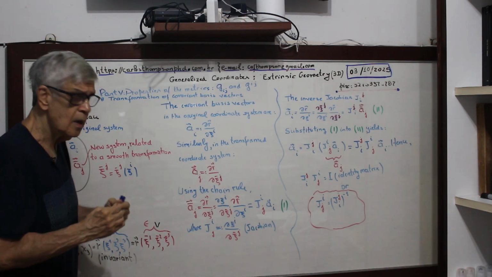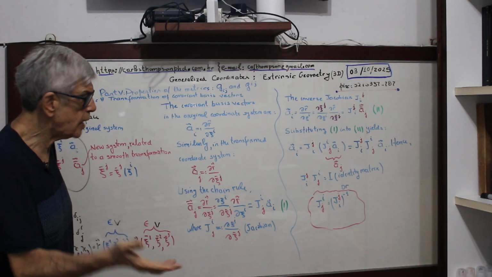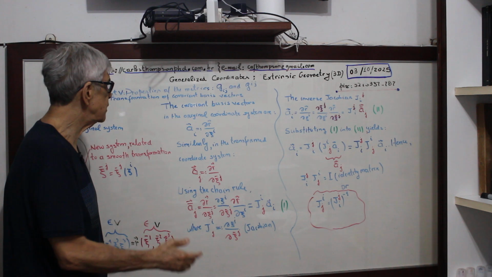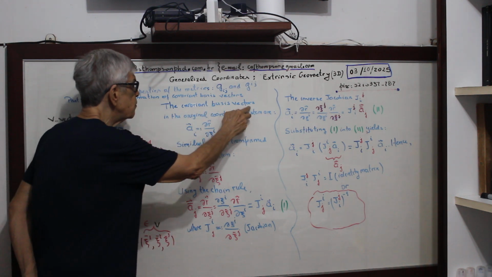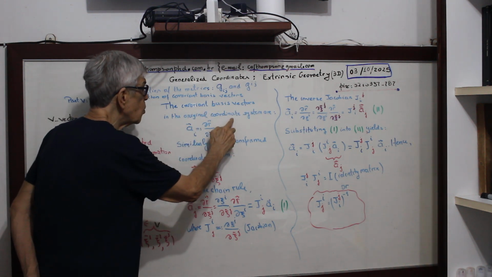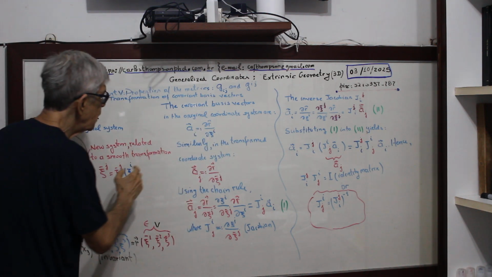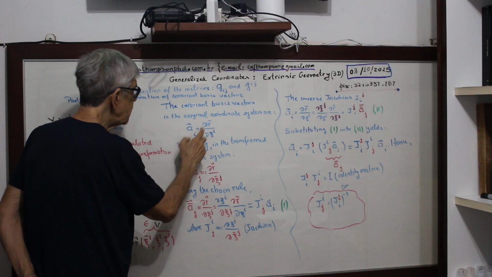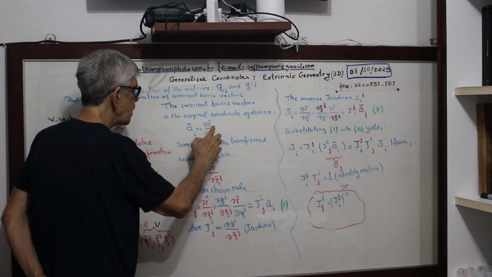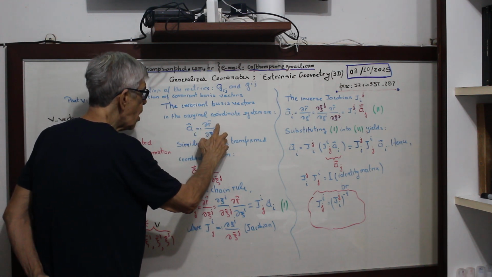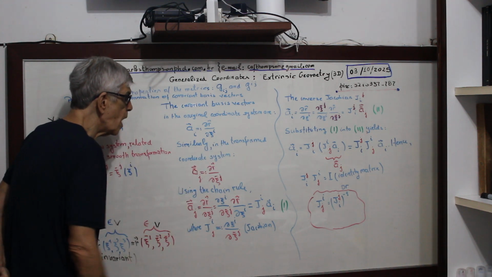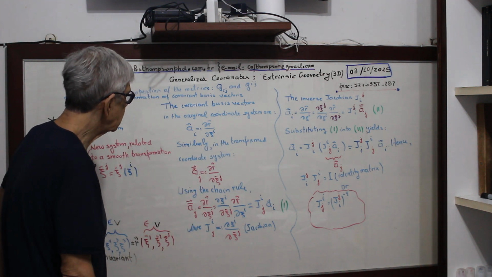Now, by definition, we already defined the covariant basis vectors in the original coordinates. The original coordinate is the blue one. A sub I is equal to the partial derivative of R with respect to Ci. See?